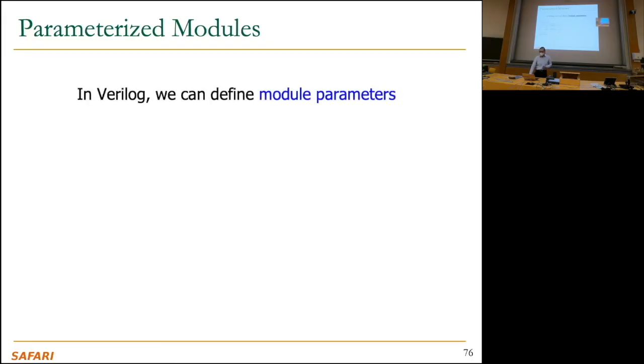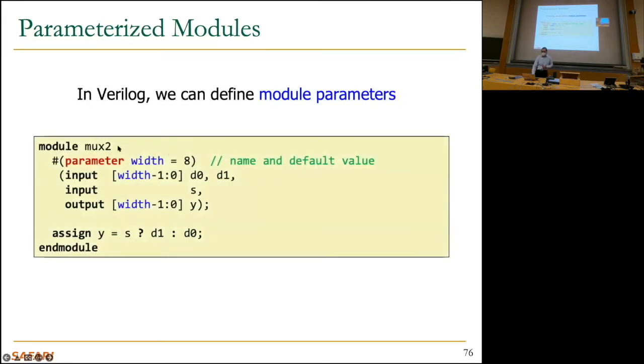You can define module parameters, as you can see. For example, this mux2 is a 2-input mux, and the inputs can be of width, and the default value is 8. But by changing that default value, when you instantiate this mux, you can actually instantiate any n-bit two-input mux. Right? Makes sense, hopefully, right?